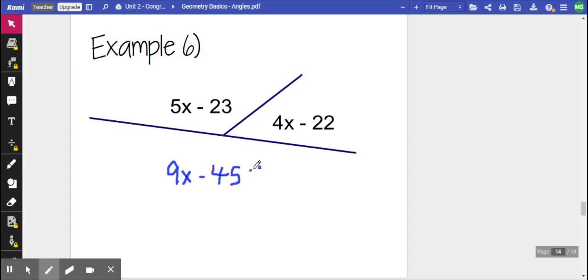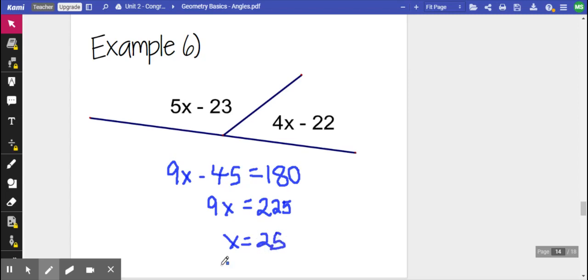I've combined those two angles together now, and I've set that equal to 180 degrees. Add 45 to both sides, and now we have 9x is equal to 225. 225 divided by 9 is equal to 25 for our x value.